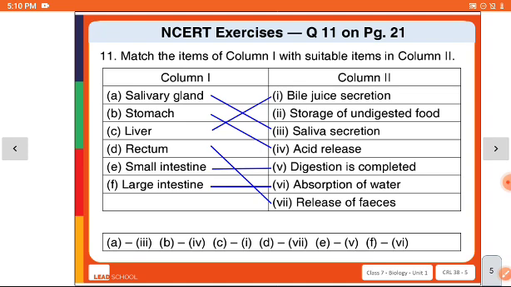For example, the salivary gland secretes saliva, and the stomach releases acid. Liver is bile juice secretion, rectum is release of feces, small intestine is incomplete digestion, and large intestine is absorption of water.